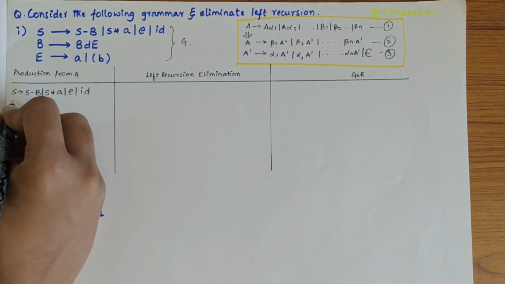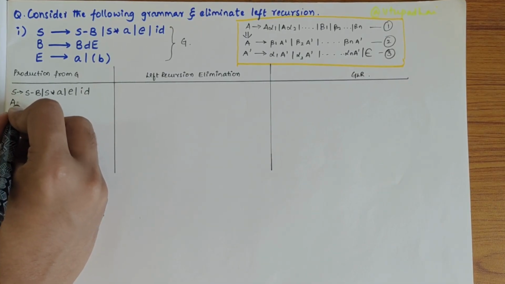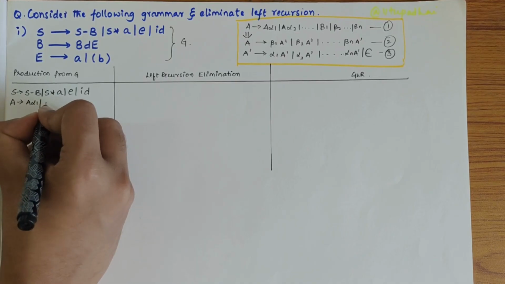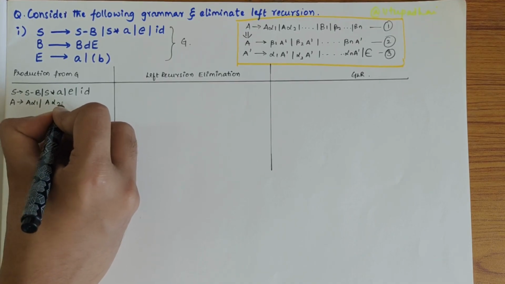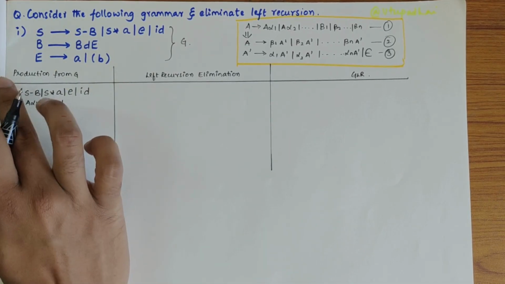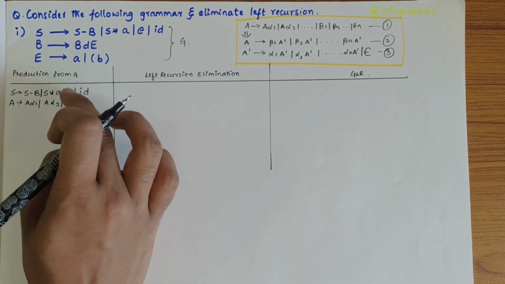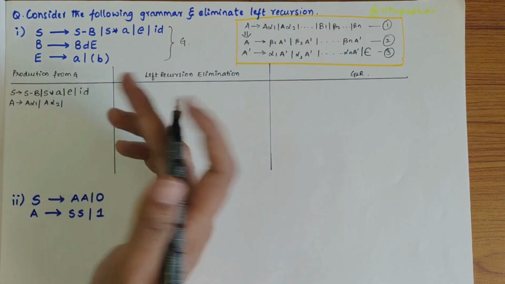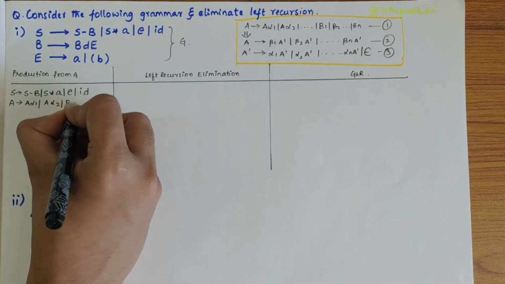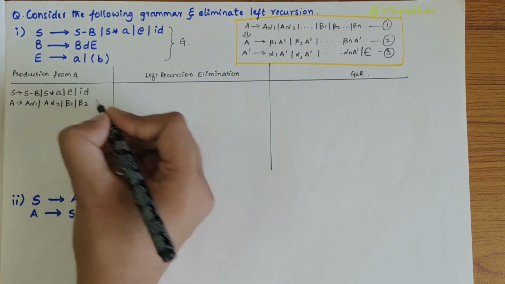If I compare with the first equation, A derives A alpha 1, A alpha 2, we can make out that S refers to A. Is there any S in the beta productions? No. So it starts from beta productions. Let's write beta 1 here and then beta 2 here.